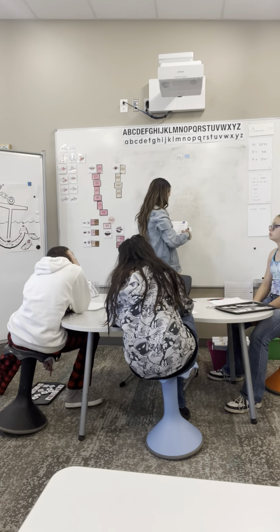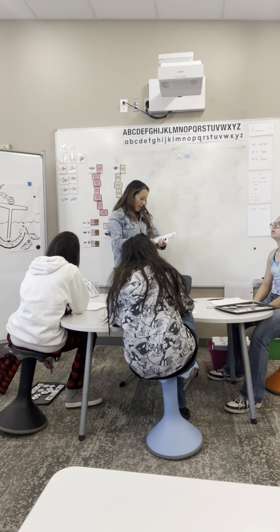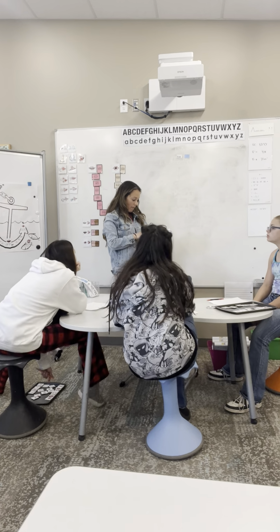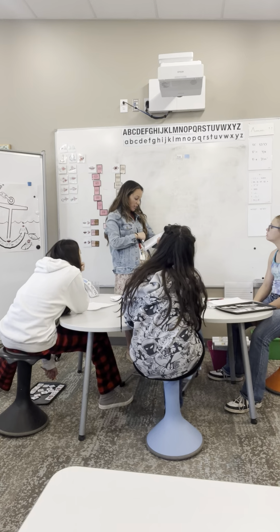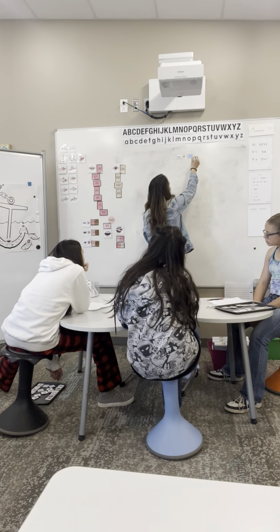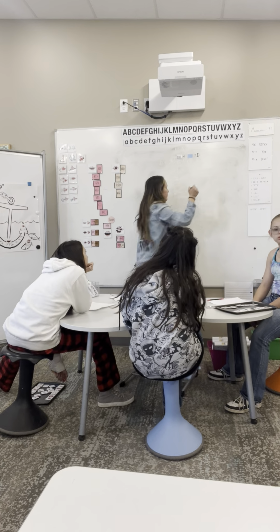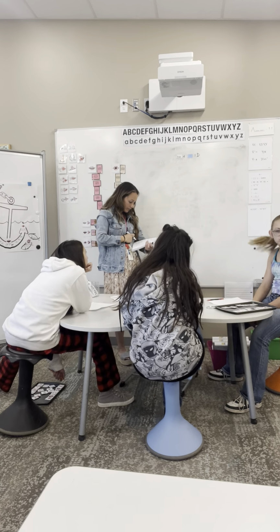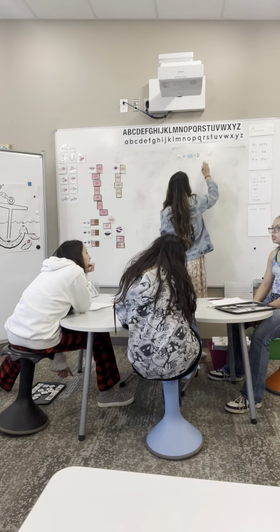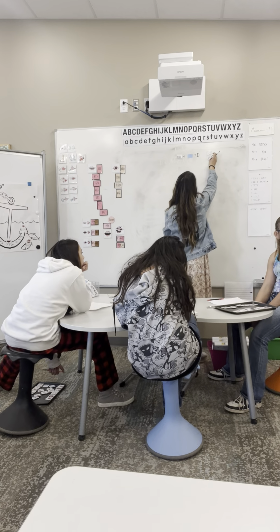A base word is the simplest form of an English word, and a suffix is a letter or letters added to the end of a base word to change its form or usage. A base word plus a suffix is a derivative. We can have consonant suffixes, we can have vowel suffixes.